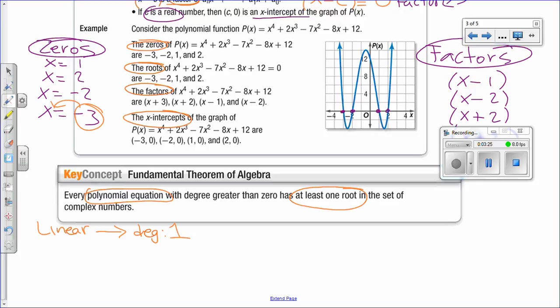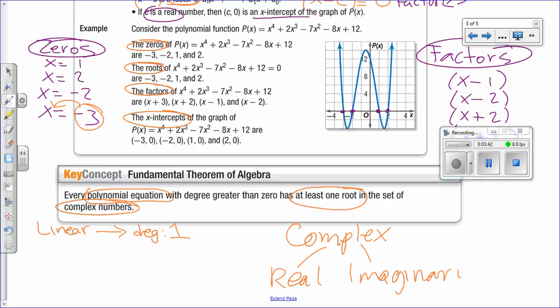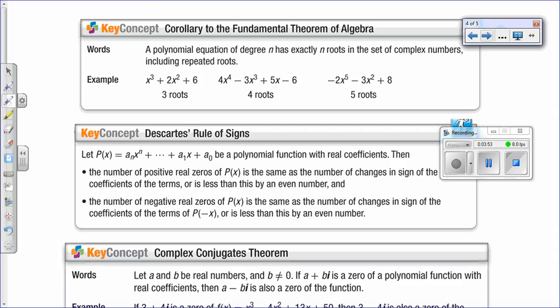So even linear functions will go in there, and they will have at least one complex root. And it doesn't matter if they are imaginary, because we established how complex is divided into real and imaginary. So what the fundamental theorem of algebra tells me is that every polynomial will have at least one root, whether it's real or imaginary.